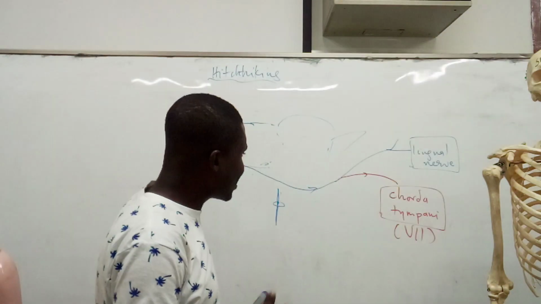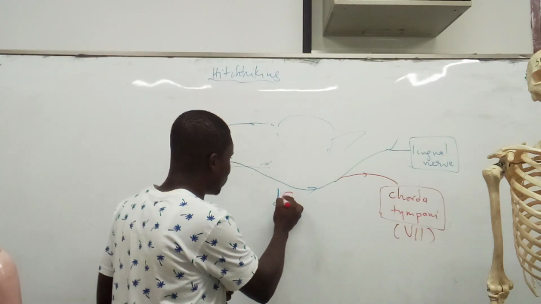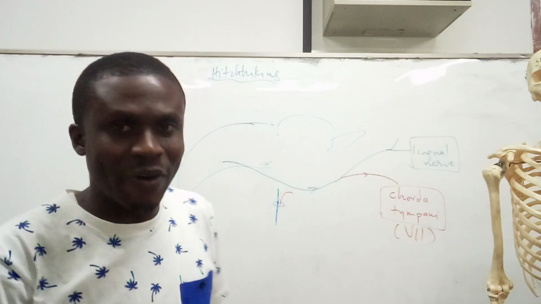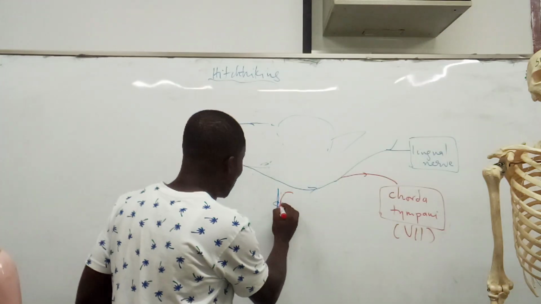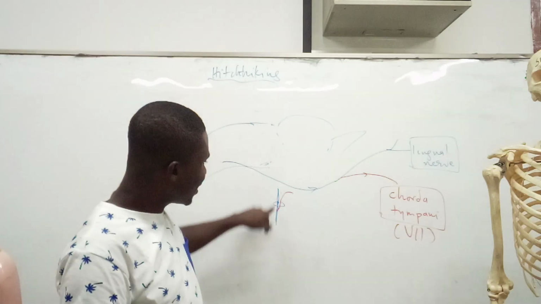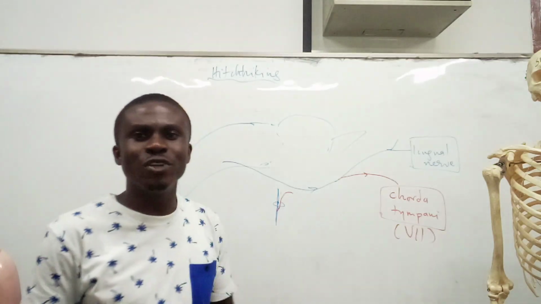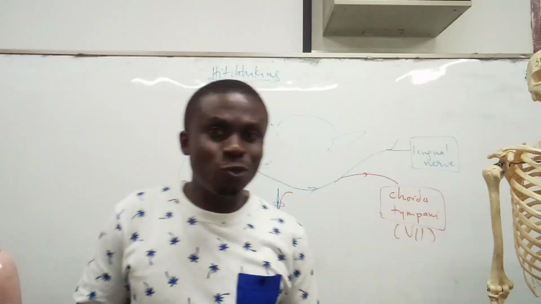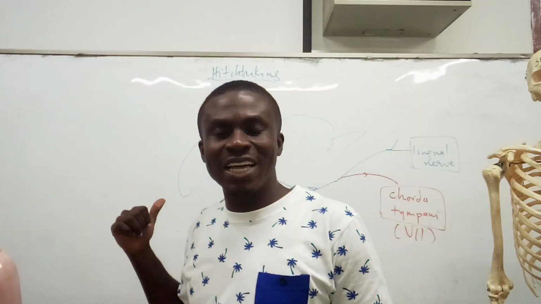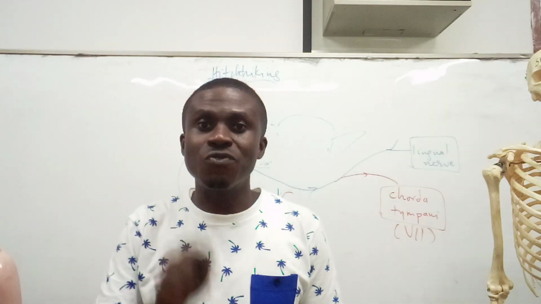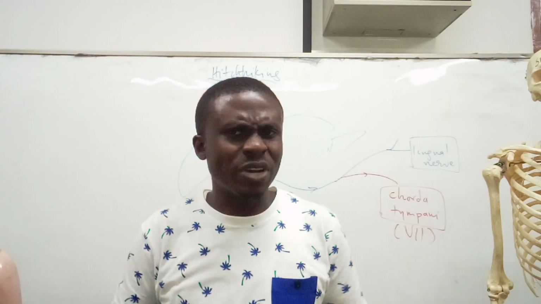Why? Because this cranial component will also come out through the same jugular foramen from the cranial cavity, but this time around, instead of going alone, it will join this vagus nerve, and at the end of the day, it will go and supply these pharyngeal muscles. So although this cranial accessory nerve, the 11th cranial nerve, is performing a lot, usually the credit is not given to it.